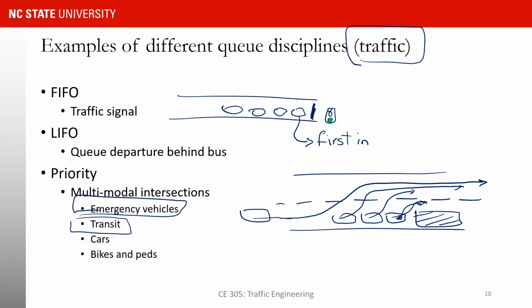At some intersections, bikes and pedestrians get the next priority, and cars the last, or these two could be swapped at different intersections. But definitely emergency vehicles get the top priority, and the signals change to allow them to go through, or even without signals changing, they're going to go through anyway, right? Then the signals accommodate transit vehicles and then the other two types of users.